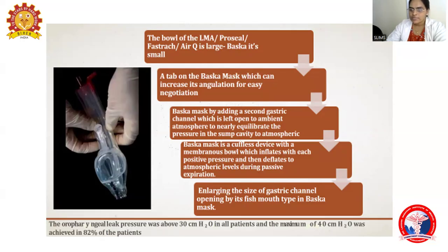So the Baska mask is a cuffless device with a membranous bowl which inflates with each positive pressure and then deflates to atmospheric levels during passive expiration. The size of the gastric channel opening is enlarged by its fish-mouth type in the Baska mask.